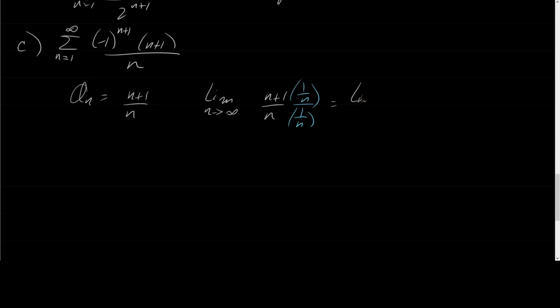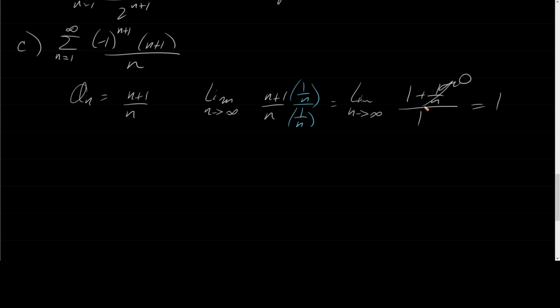That gives me the limit as n goes to infinity of (1 + 1/n)/1. I could have also just split up this fraction, it doesn't matter. Either way, 1/n goes to 0. So the limit is not 0. The limit is 1, right? (1 + 0)/1 is 1.